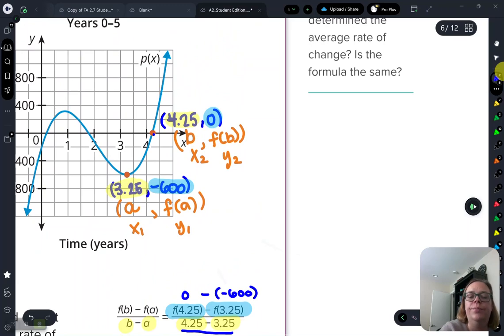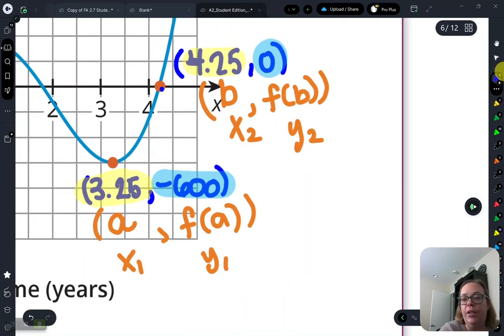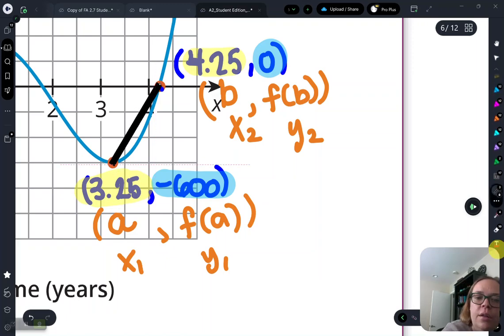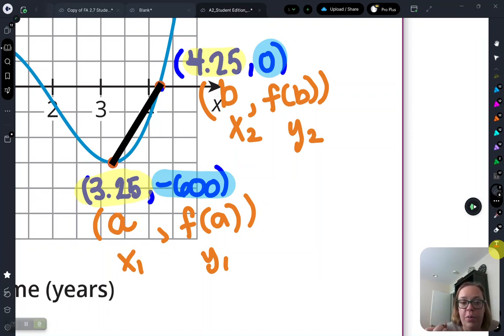If you were to connect these 2 points with a line, get my line tool here. The slope of that line would be positive 600. 600 what, right?